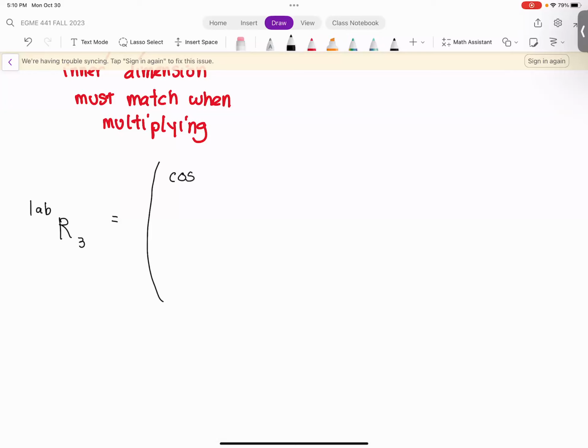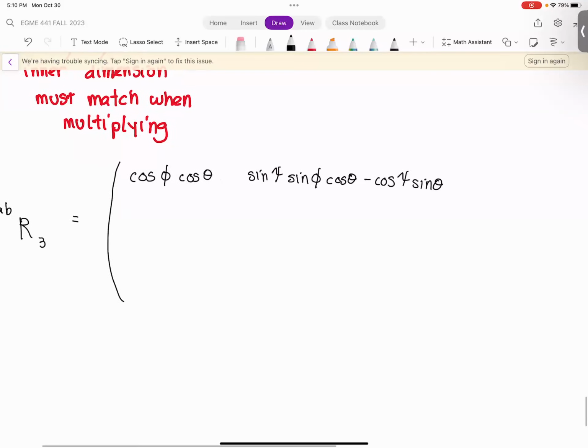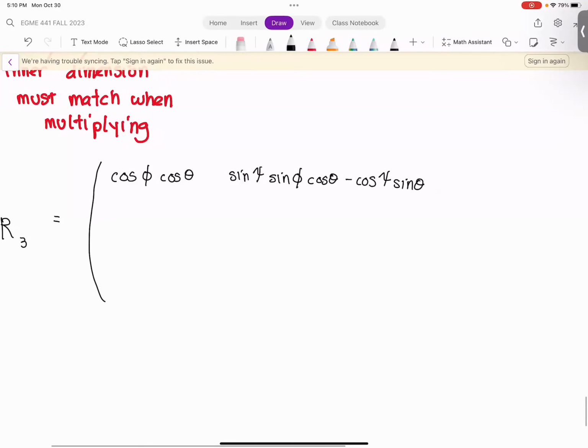In the top left here, we have cosine of phi, cosine of theta. Then we have sine psi, sine phi, cosine theta, minus cosine of psi, sine of theta. So that's the second entry in the first row.